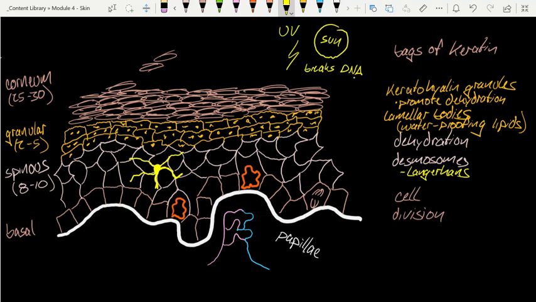So along come the melanocytes. Their job is to shield the keratinocytes from this UV damage. They have neurite outgrowths, and they connect anywhere between 36 and 40 keratinocytes. And as the keratinocytes sense UV light, they signal to the melanocyte, hey, I need protection.